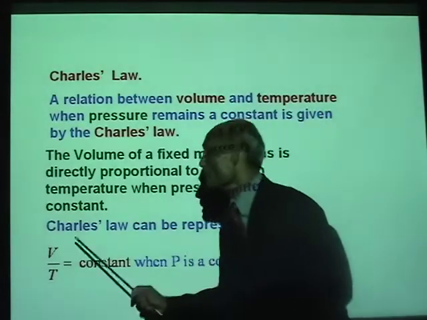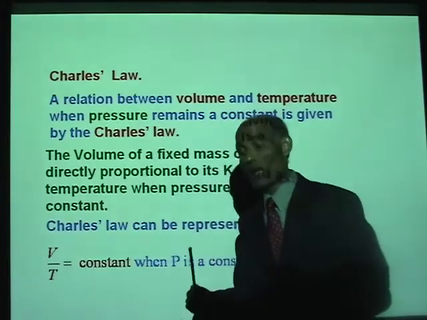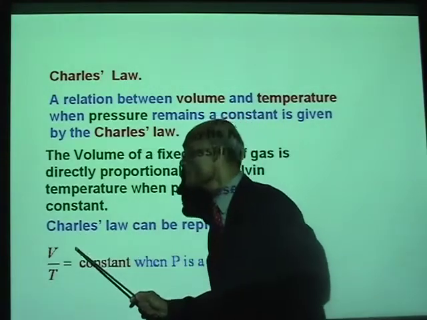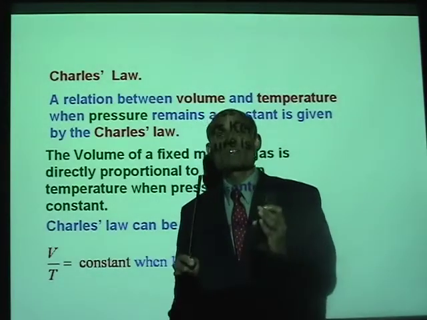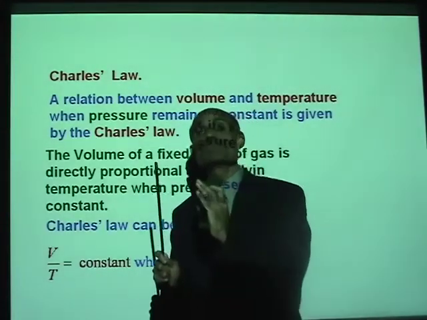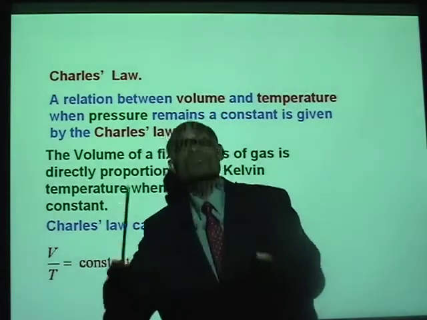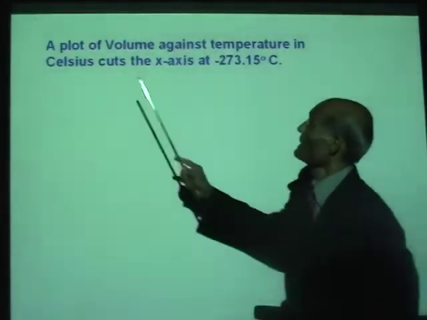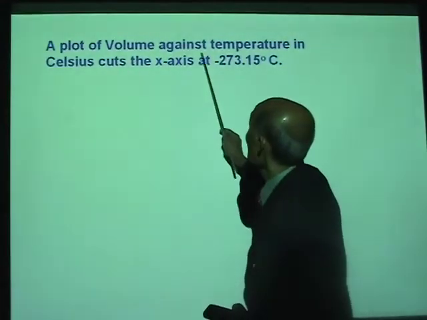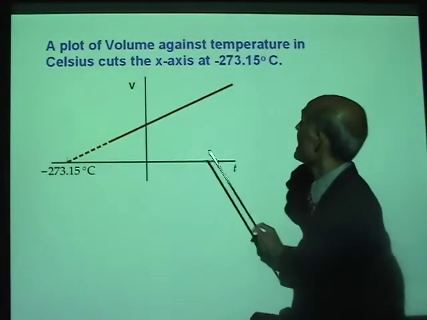What does that mean? If V1 is the volume at a temperature T1, and after some time, if V2 is the volume at a temperature T2, then V1 over T1 will be equal to V2 over T2. That's the meaning. V over T will remain a constant as long as the pressure will remain a constant. Now, in a similar way, a plot of volume against temperature in degrees Celsius will look like this.